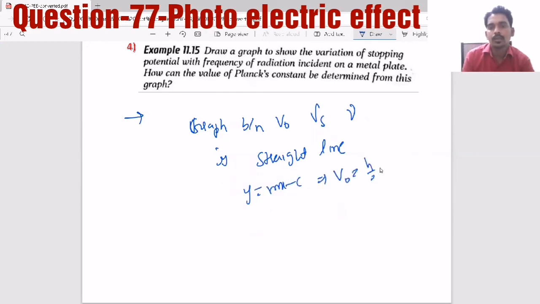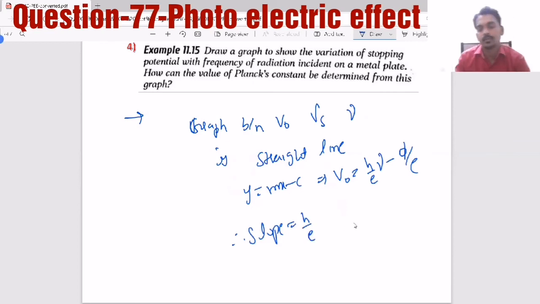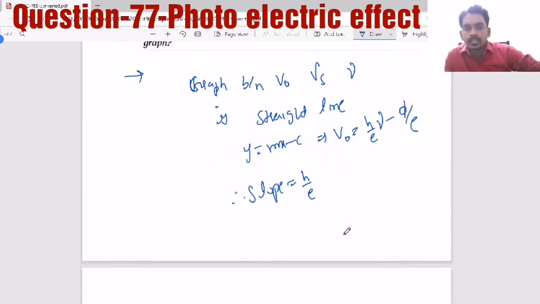V naught equal to h by e nu minus phi by e. Therefore, slope equal to h by e. So from the slope, we can find Planck's constant, and if you want to find the work function, you have to take the intercept.